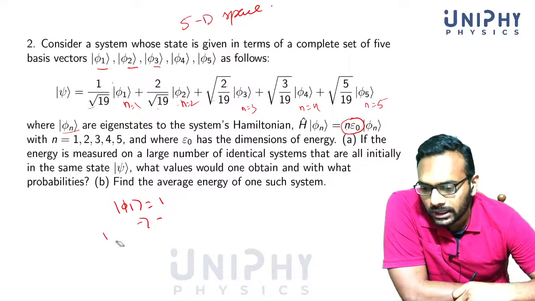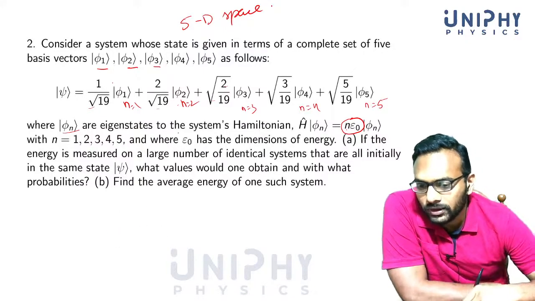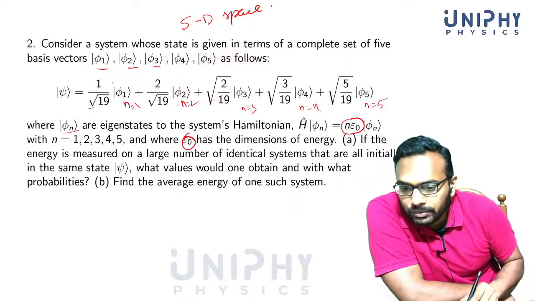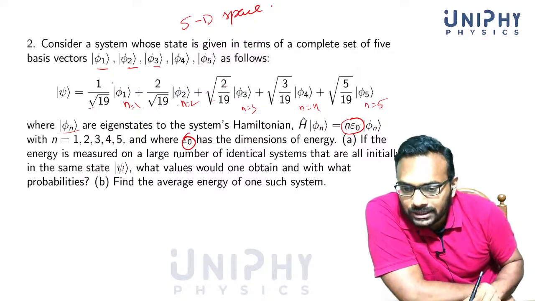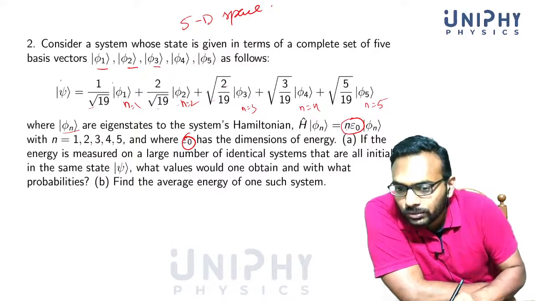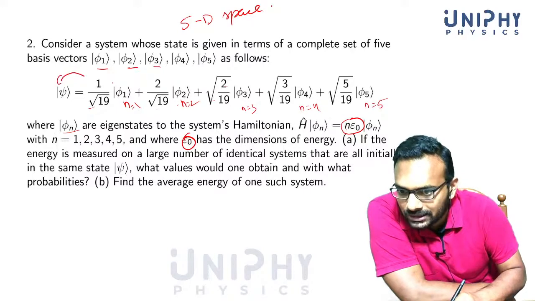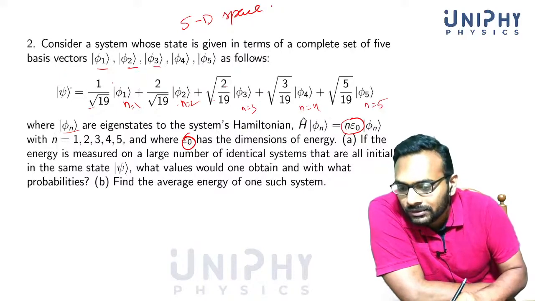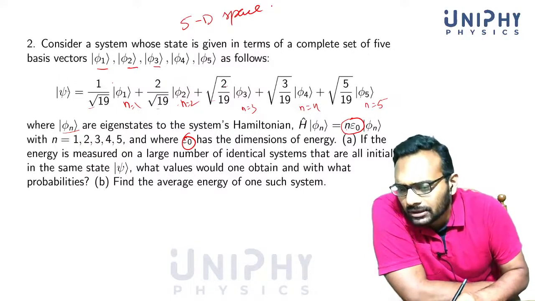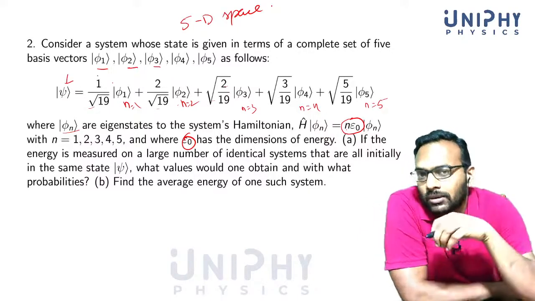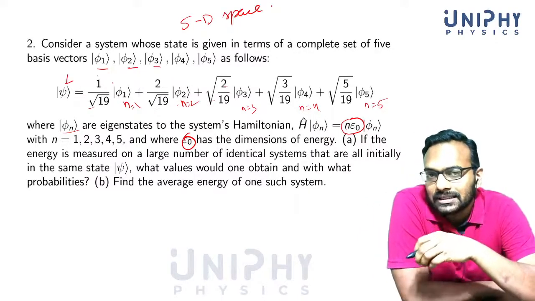Now we know the eigenvalues. What's the question? N equal to 1, 2, 3, 4, 5, where epsilon 0 has the dimensions of energy. If energy is measured on a large number of identical systems, so we prepare so many systems in exactly the same state, let's say these are electrons, and on each of these systems you are measuring the energy.